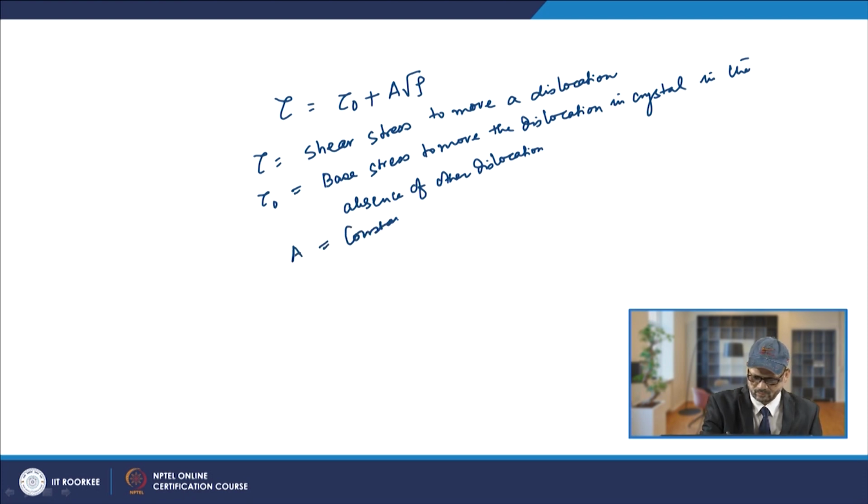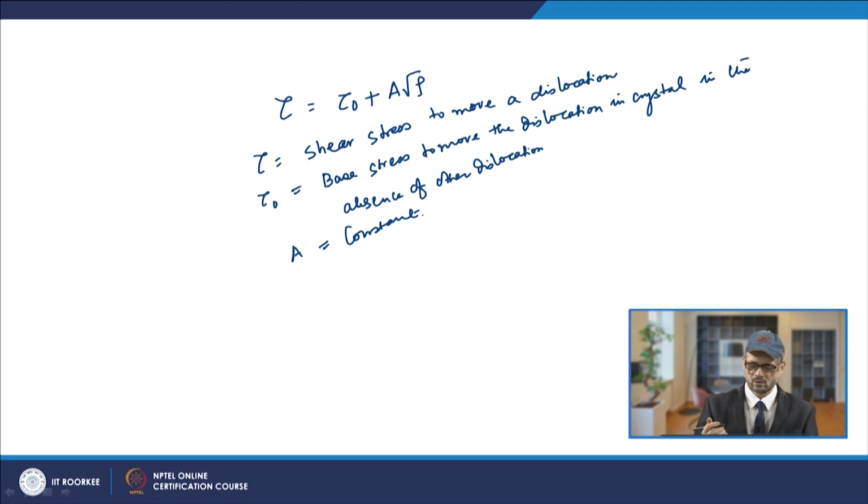As we know, when the dislocation density increases, depending upon the increase, your tau value will increase.